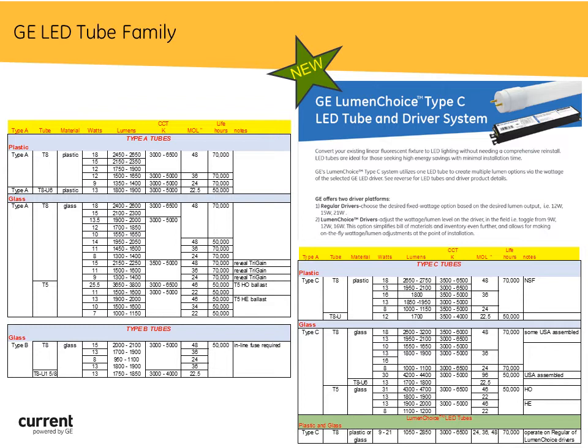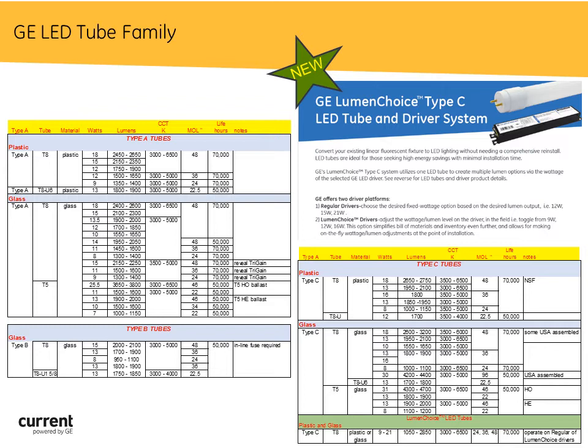Notice that our life ratings vary between 70,000 hours and 50,000 hours. And then finally, notice that I do have a group of these tubes that are labeled Reveal Tri-Gain. And the Reveal Tri-Gain tubes are going to give you your superior R9, CRI, and lumens per watt.